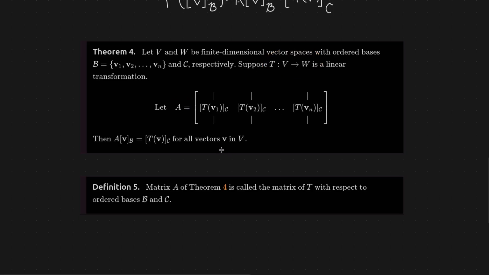Then we let A be the matrix where the columns of matrix A are the transformation of the vectors in basis B, but they're the coordinate vectors of that transformation with respect to basis C. Then we have this property: matrix A times the coordinate vector of any vector v with respect to basis B in vector space V is going to be equal to the coordinate vector of the transformation of v with respect to basis C. We call matrix A of this theorem the matrix of the transformation with respect to ordered bases B and C.